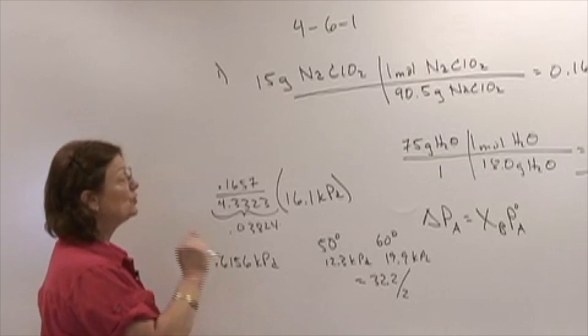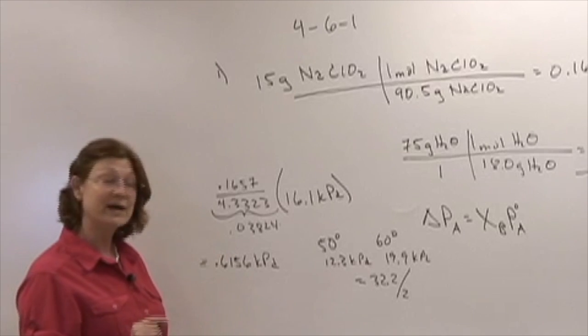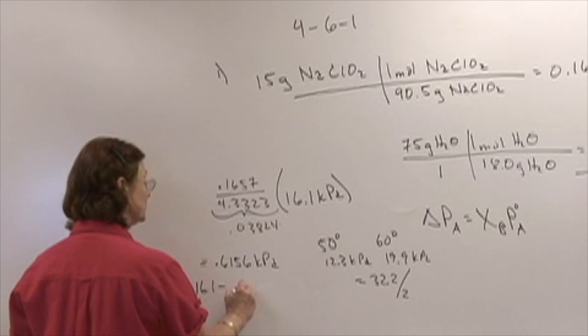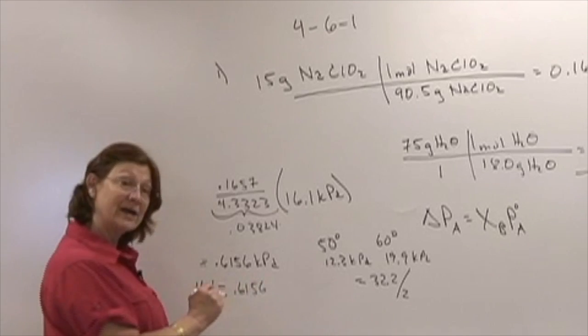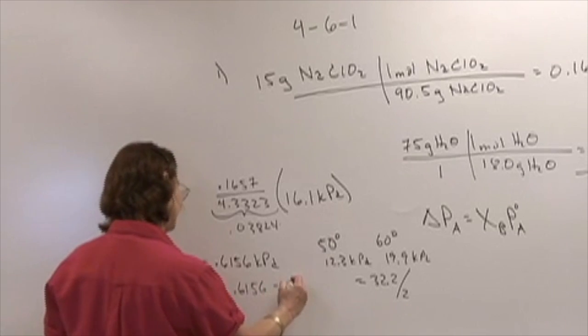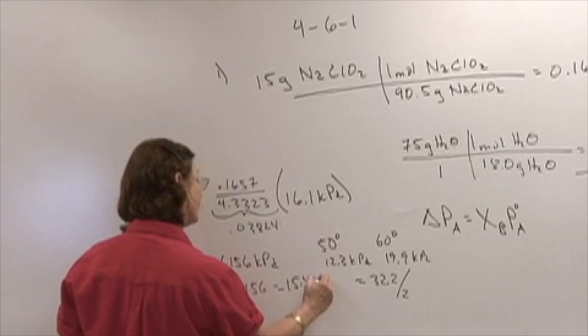Then to get my new vapor pressure, which is my final answer, I take my 16.1 and I subtract the 0.6156, these are all kPa's, and I get a new vapor pressure of 15.4844.